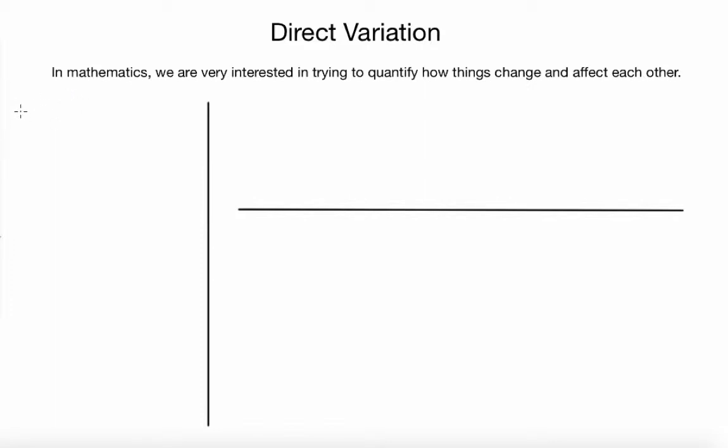So I know that if I ride a bike longer, intuitively we know that we will travel farther. We're going to go a farther distance. So those two things are affected, right? Riding longer, I travel farther.